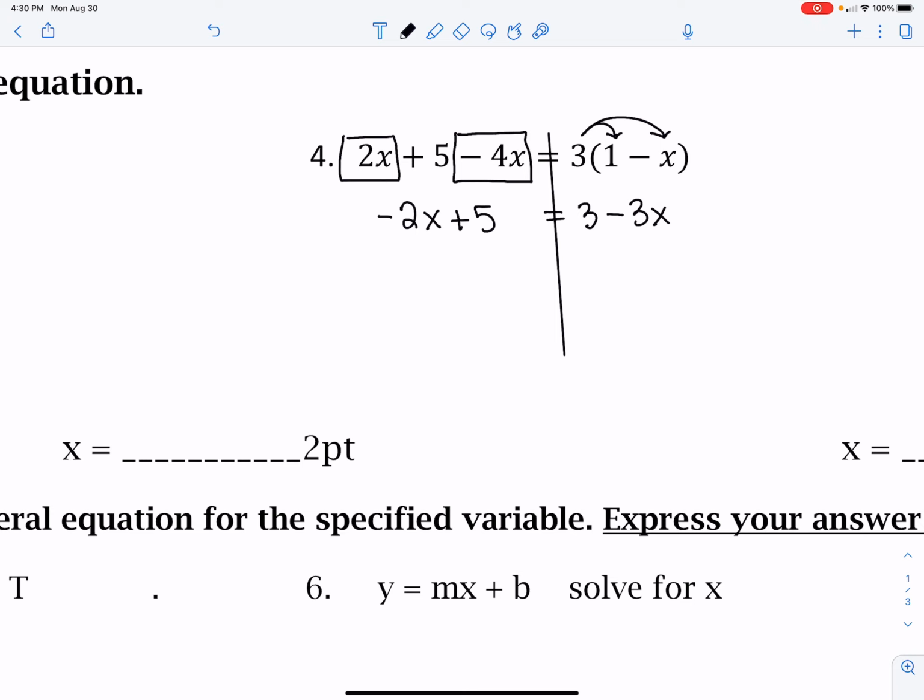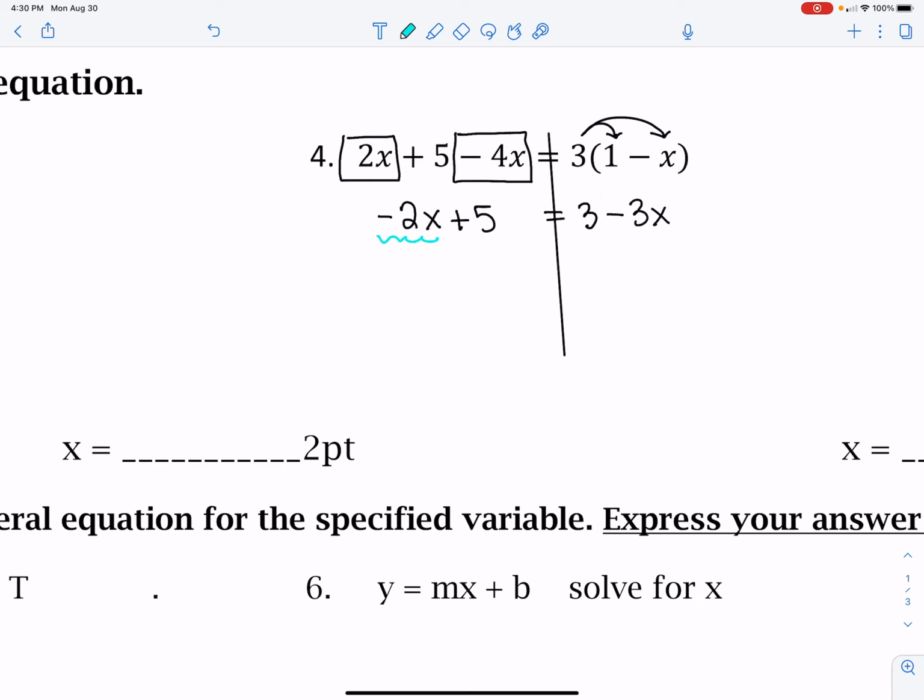We want to try to get all our variable terms together. Keep in mind that we like to take the one with the smallest value of x. So when I'm looking at this, I have a negative 2x and a negative 3x. The smallest of those two is the negative 3x because that is smaller than negative 2.